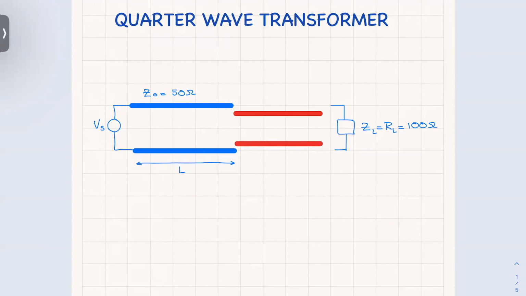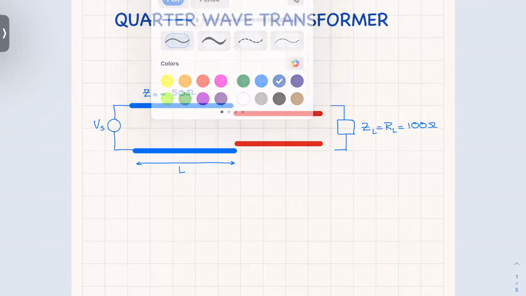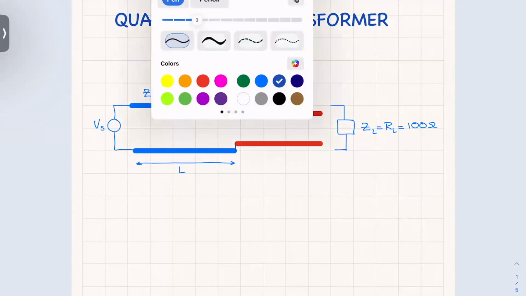So I show it like that because these two lines remind me that they do not have the same characteristic impedance, and that is important. Visually, they give me this information and they're connected here. And that has Z0, and this one here has Z1.